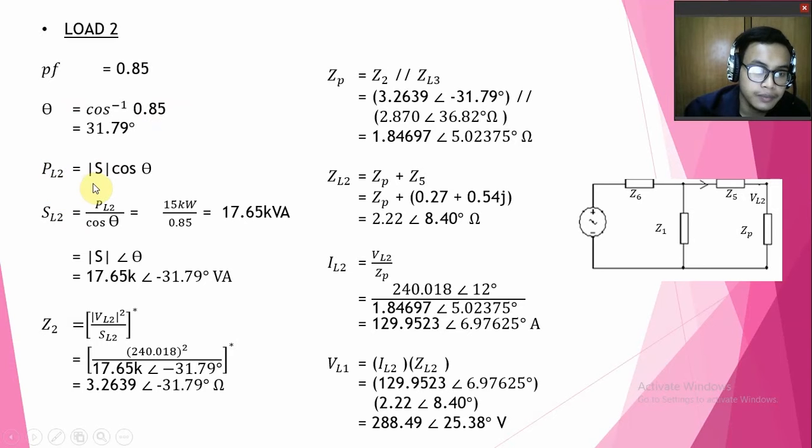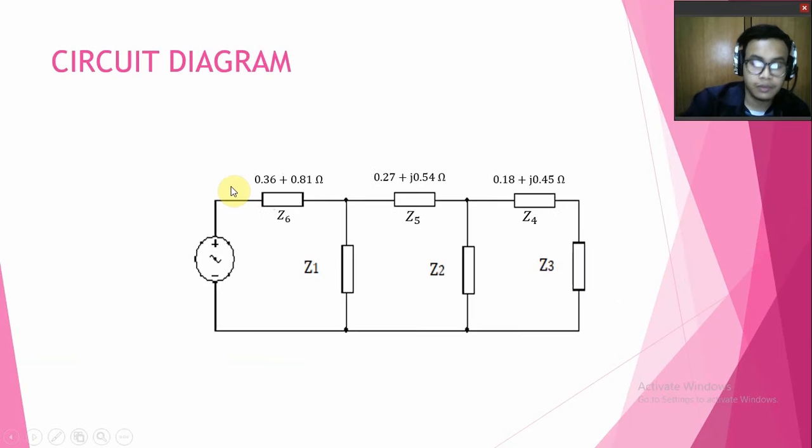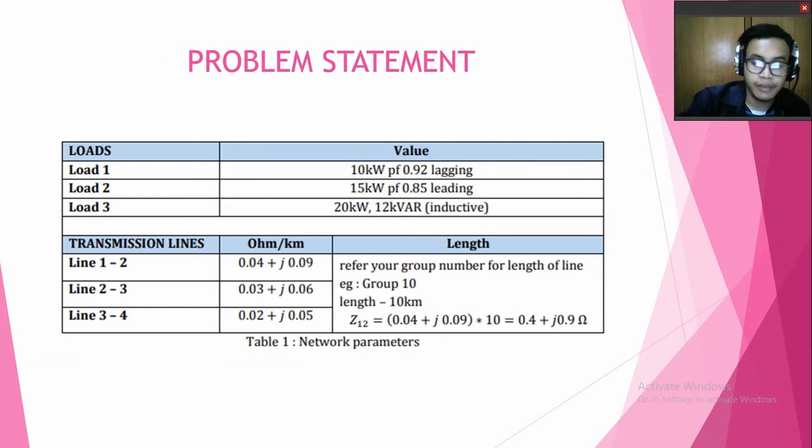After that, we must find the real power of load 2. To find the real power of load 2, we just divide the apparent power of load 2 by the power factor. The apparent power of load 2 is given in the table, 15 kVA.